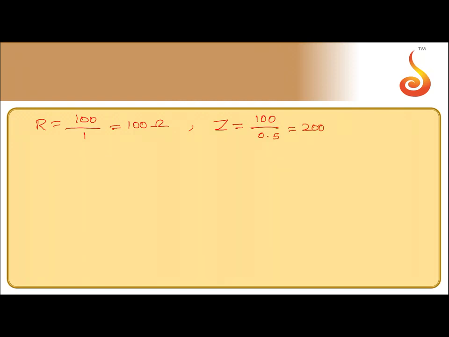So that turns out to be 200 ohm. Now we know that Z is equal to square root of XL square plus R square. So that should be root of 200 square plus 100 square.